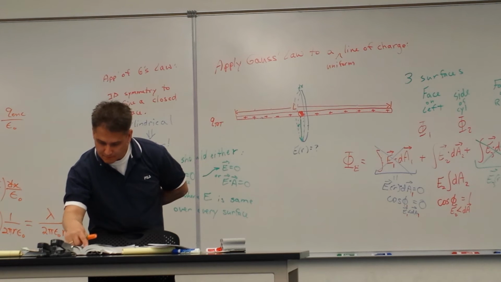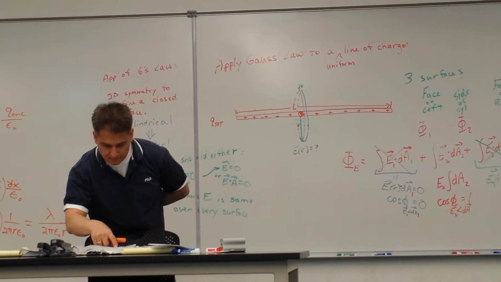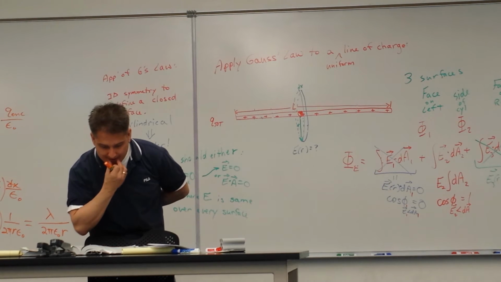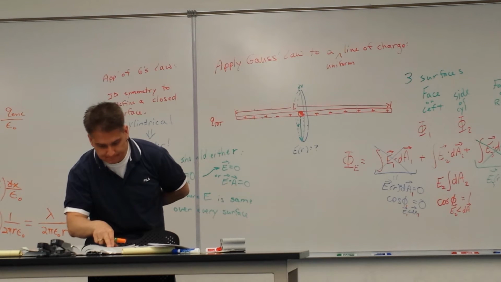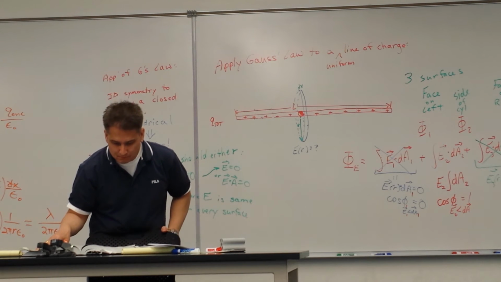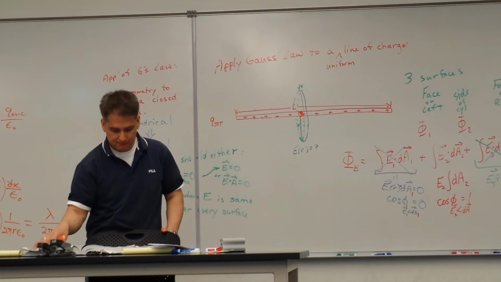We got lambda ds over 4π epsilon naught r squared. We've got dq over 4π epsilon naught r squared. It's equation 22.21, on page 642.